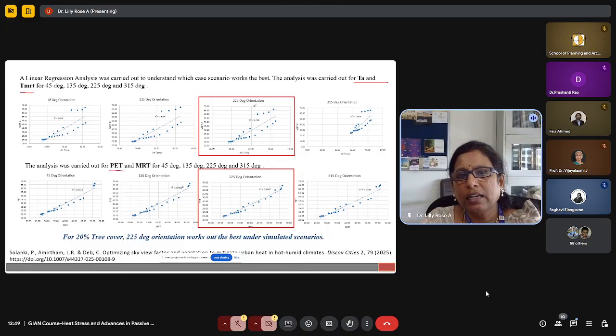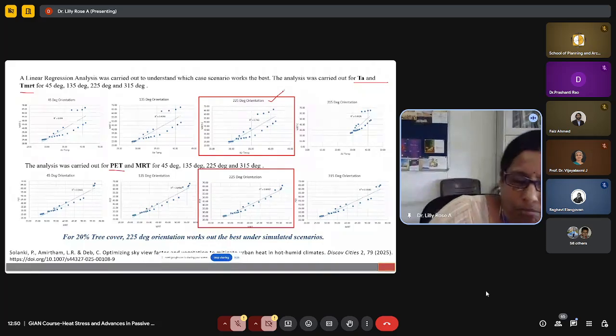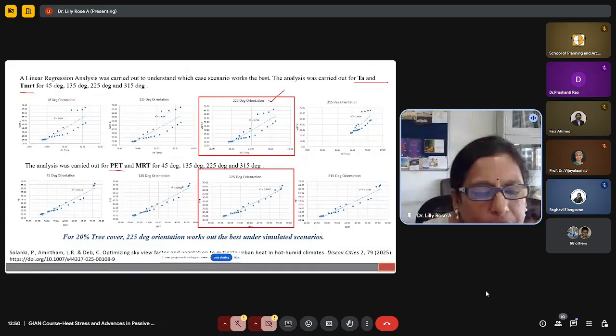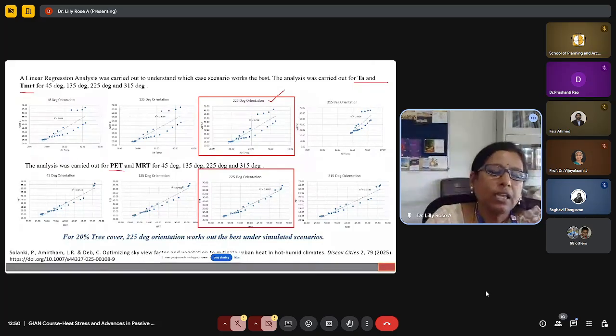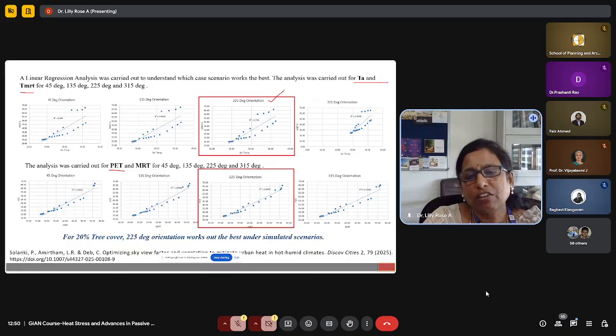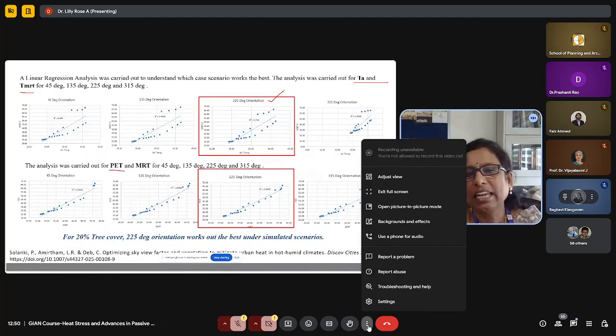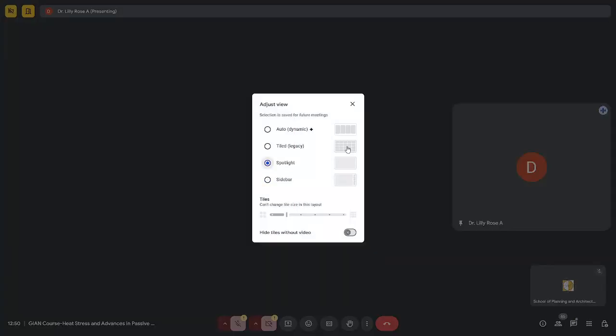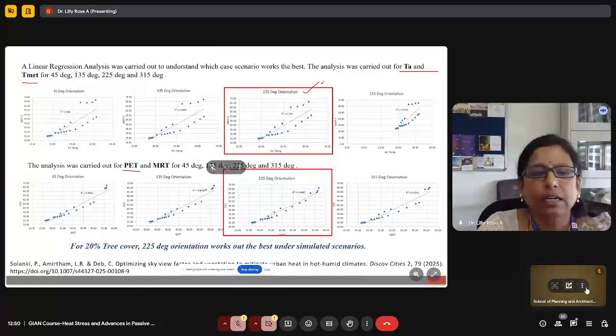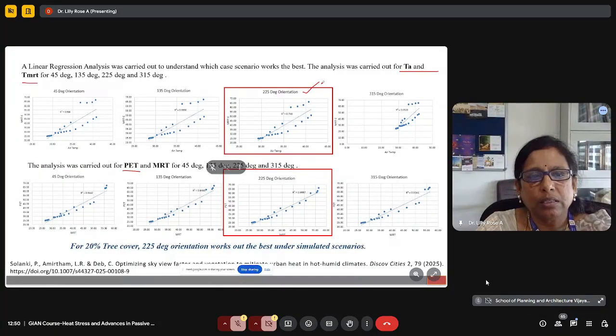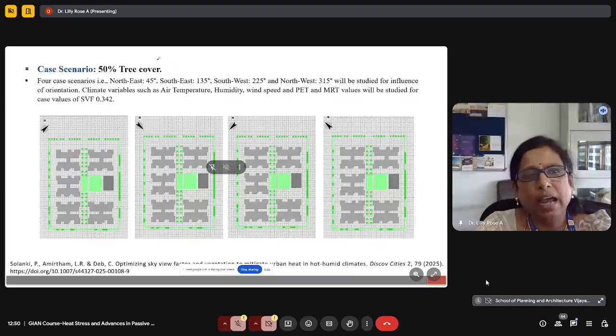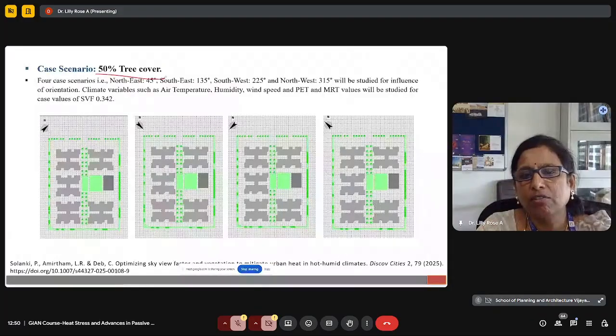We found that the 225-degree orientation, which is the southwest orientation, worked better because it created mutual shade between buildings, which enhanced the thermal comfort. Then we analyzed 50% tree cover.